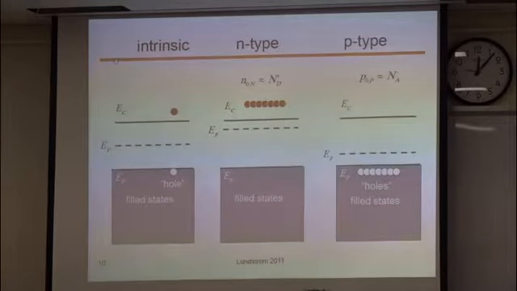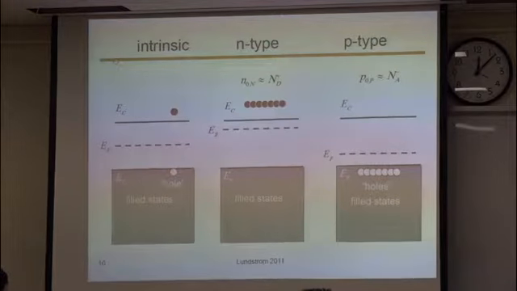Basically, silicon has an intrinsic property in terms of the energy diagram. If you look at the picture on the left side, there is a valence band and a conduction band. The valence band is the maximum energy level in which the electrons can be found.